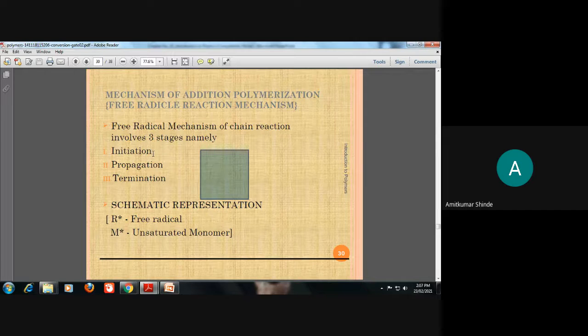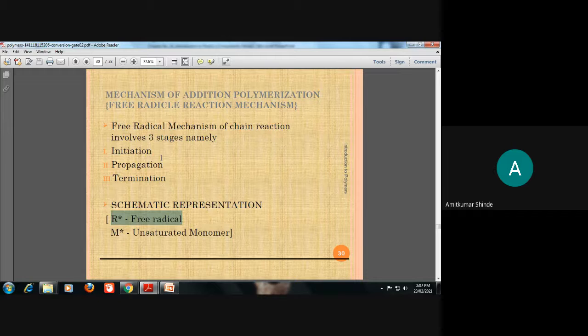Now, to understand these three stages, two symbols I am going to use. Please read carefully: the M symbol stands for the monomer, in short, the unsaturated monomer, and R stands for the free radical available. I will explain this with one example in the next slide.